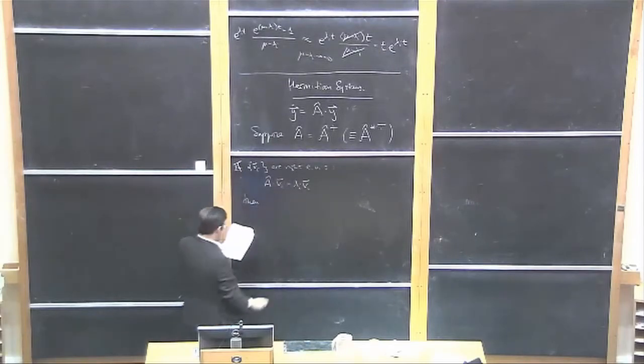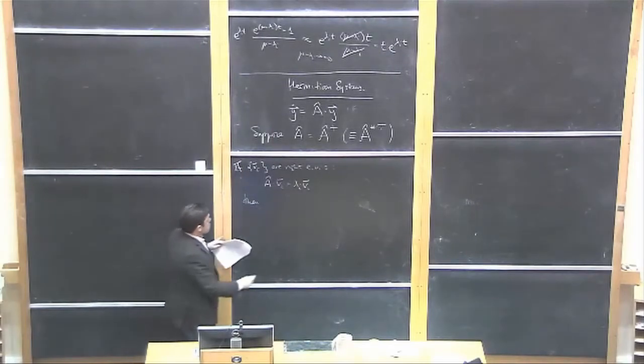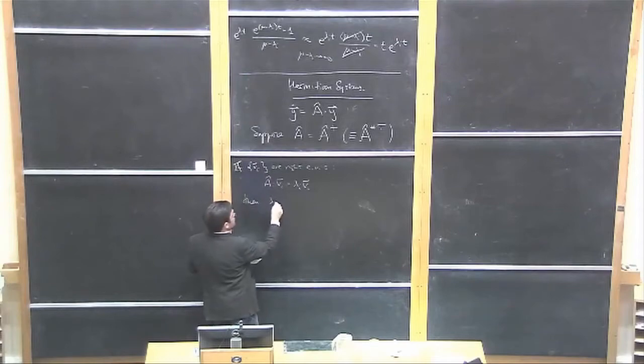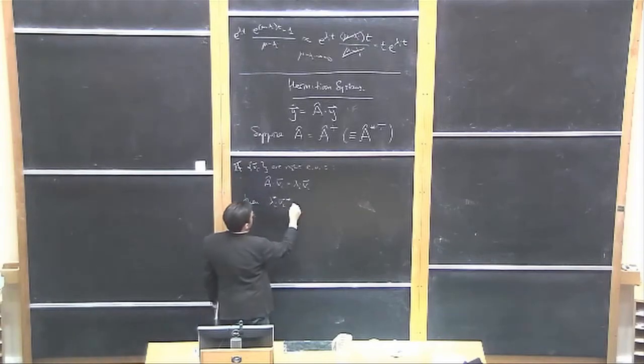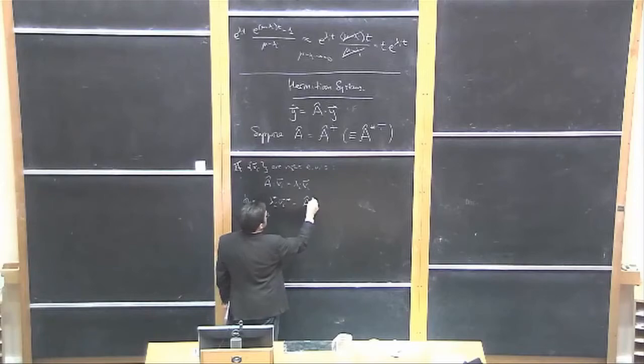then let's see what follows. Let me take the star of lambda i Vi. Well, the star of lambda i Vi is lambda i star times Vi star.